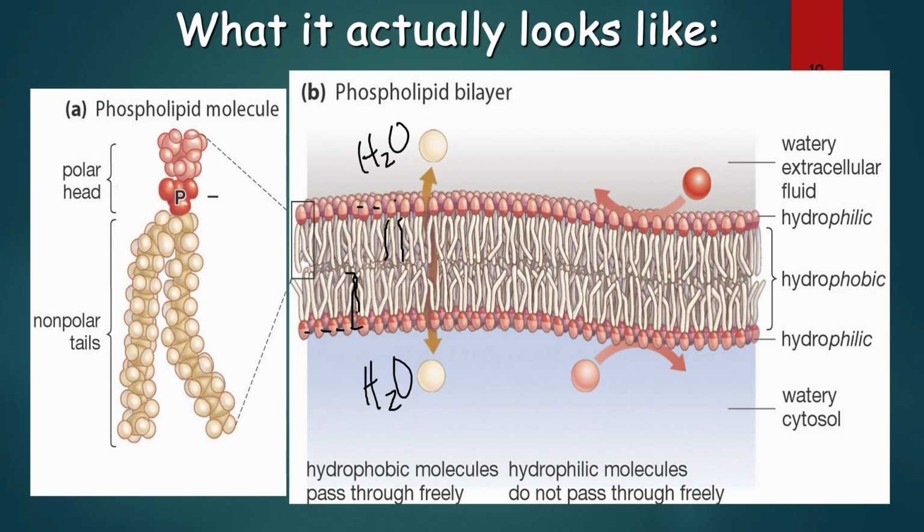The tails are on the inside because they're hydrophobic. They do not like water. The heads are on the outside, exposed to the water because they like water. They're hydrophilic. Hydrophobic molecules can pass through the cell membrane easily. Hydrophilic molecules do not pass through the cell membrane easily.